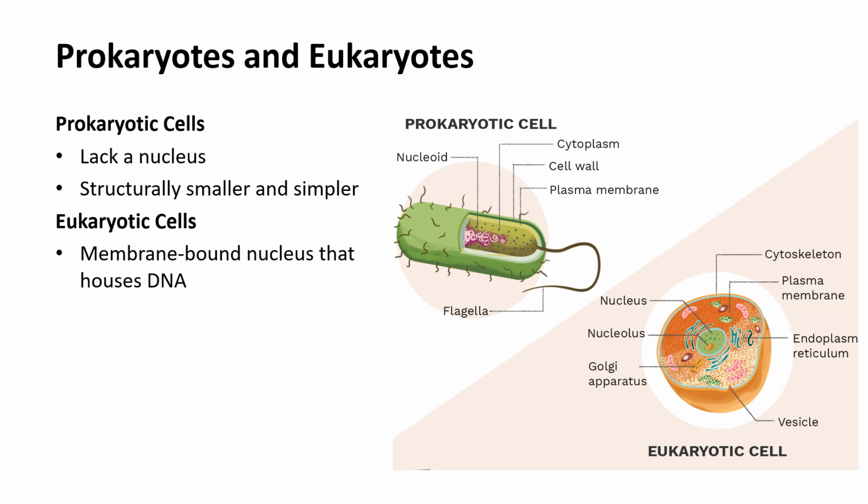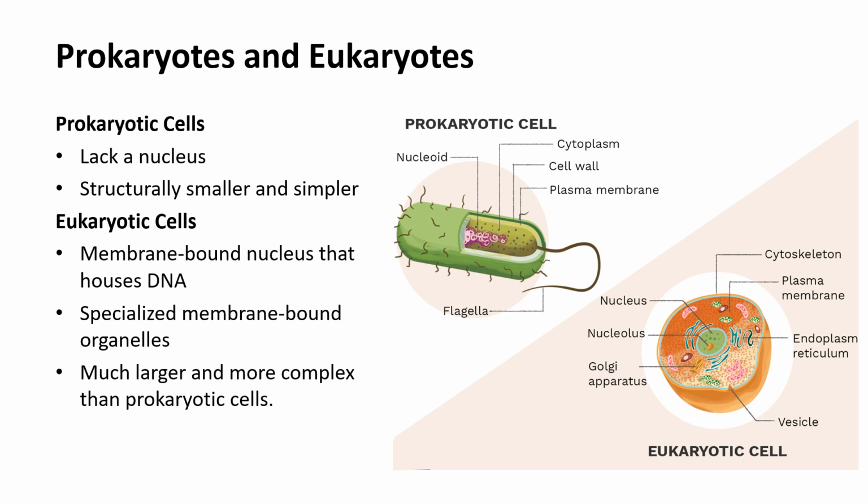The term eukaryotic means true nut, or in this case, true nucleus. These tend to be a lot more complex because there are a lot of what we call specialized membrane-bound organelles. So eukaryotic cells don't just have a nucleus. They have organelles that have a lot of membranes around them. Those are missing in bacterial cells or prokaryotic cells. They tend to be much larger and more complex than prokaryotes.